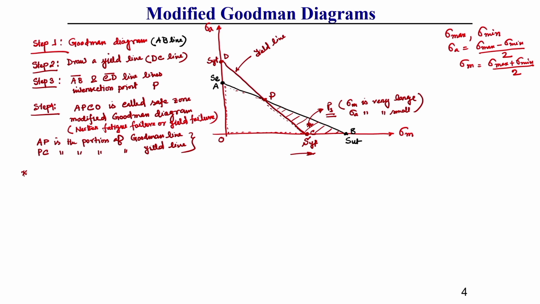So, here I am writing, this PB portion of the Goodman line is a vulnerable portion which generally needs correction.